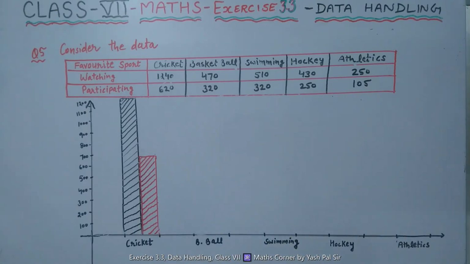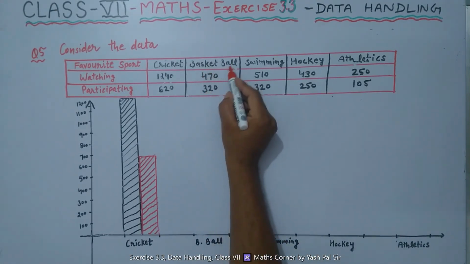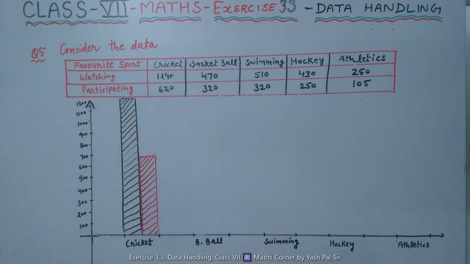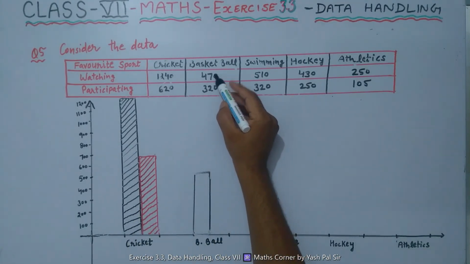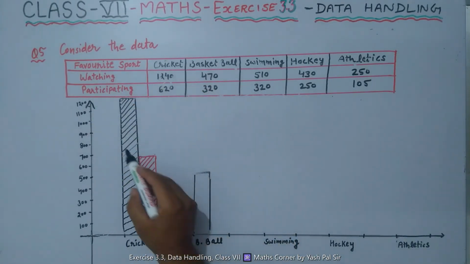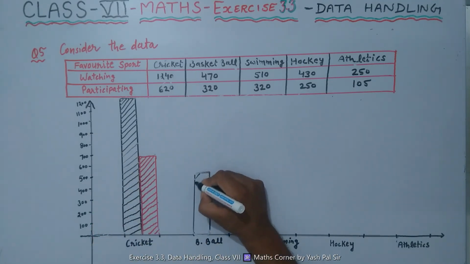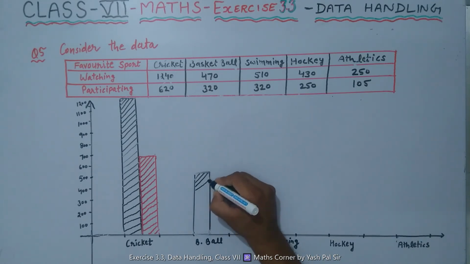Next one is basketball, 470 watching, meaning black pen. This way, 470 is the number of people who like watching the basketball match.